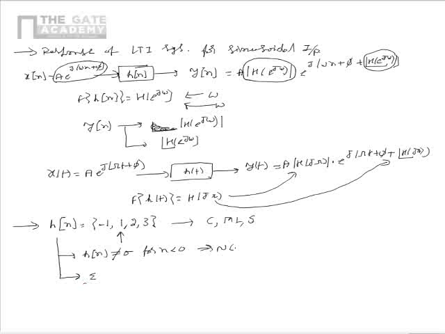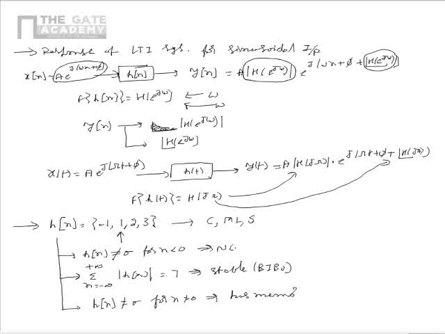For deciding the stability of the system, find sigma n equal to minus infinity to plus infinity of mod of h of n, which is equal to 7. From this we see that the given system is stable in the BIBO sense. We also see that h of n is not equal to 0 for n not equal to 0. From this we see that the given system is not memoryless, or the system has memory.